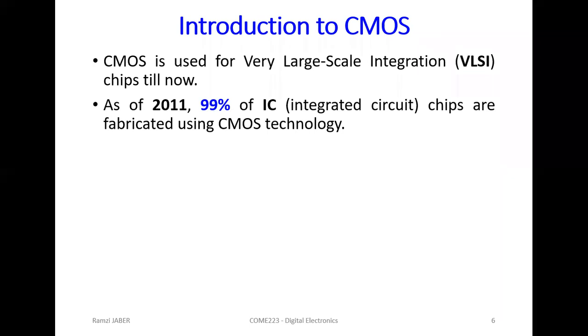After 2011, newer transistors were released, like FinFET, CNFET, and others. So before 2011, there was no new transistor technology. Till now we use CMOS, but the percentage has decreased slightly, to around 85% of all circuits today.